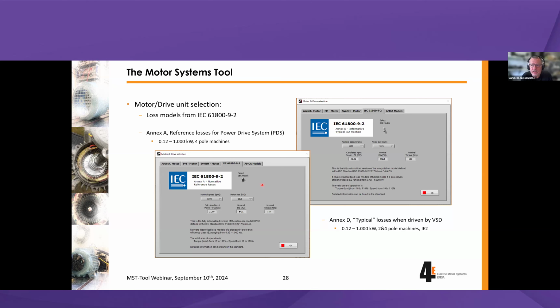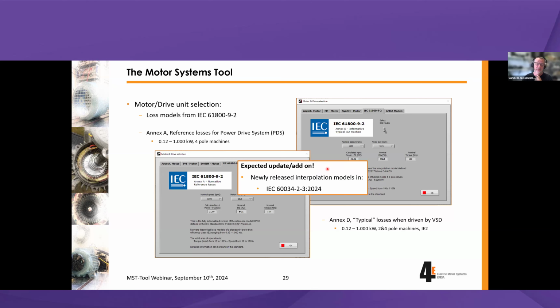I think these loss models are close, if not already, at least close to being obsolete because we have an updated loss model or interpolation model just published this year in the 60034-2-3. And this is also a thing I need to put in the MST tool within a reasonable amount of time. So maybe I will replace these old IEC models or even just add a new tab.